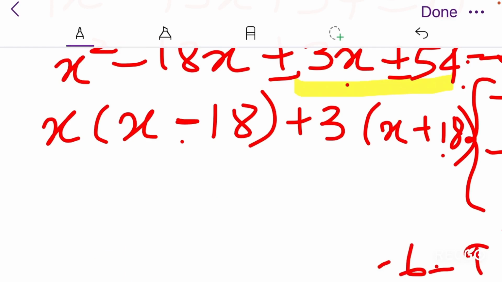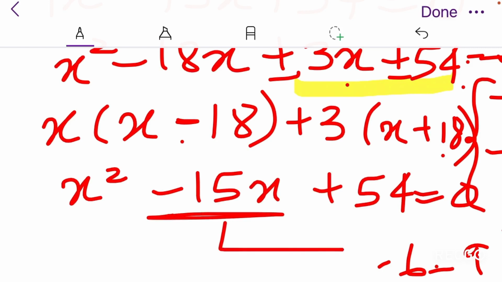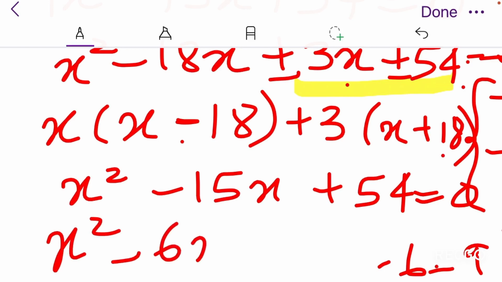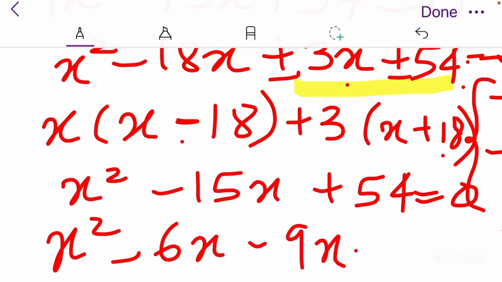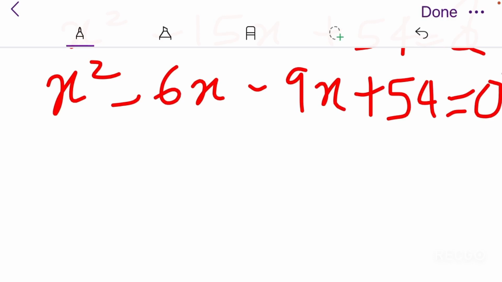So the equation was x square minus 15x plus 54, which is equal to 0, right? So minus 15x we will write as minus 6x minus 9x. So x square minus 6x minus 9x plus 54, which is equal to 0. Now we will take these two terms and take something common from them.